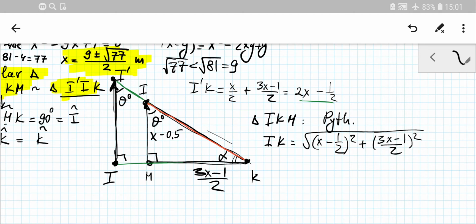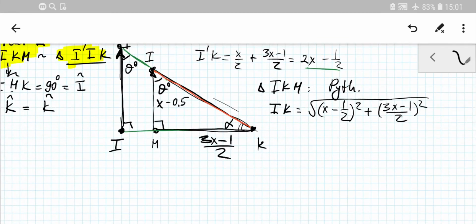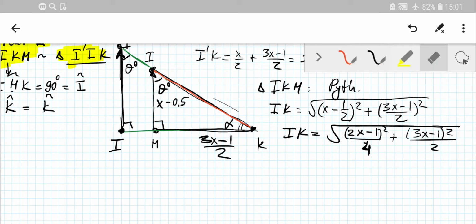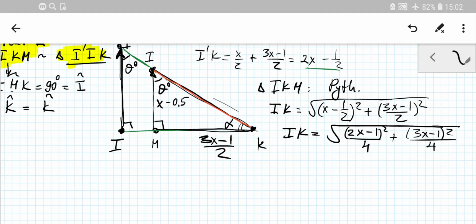Okay, so good. Next one. We've got IK as the fractions, so okay, let's simplify that. (2x minus 1) squared over 2 squared plus (3x minus 1) squared over 2 squared. 2 you need to raise to the power of 2, so I'll get 4 here and also 4 here, because in the bottom part, 2 is also raised to the power of 2, which gives you 4.